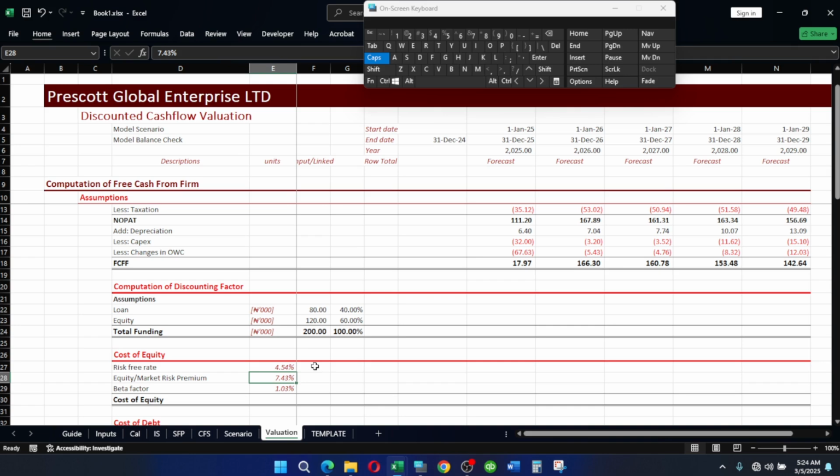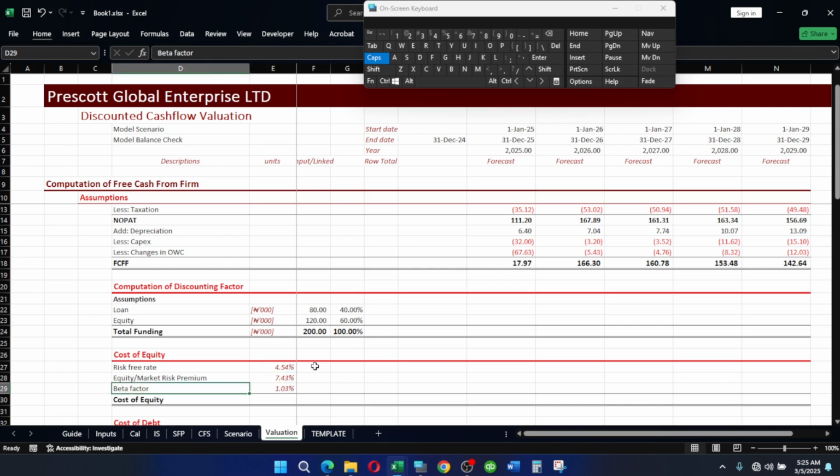A higher market risk premium means investors demand more returns, which can lower the stock price and company valuation. So like I said, it helps investors understand how much extra return they need to take on stock market risks. It is a key part of investment decisions, stock valuation, and financial analysis, right?